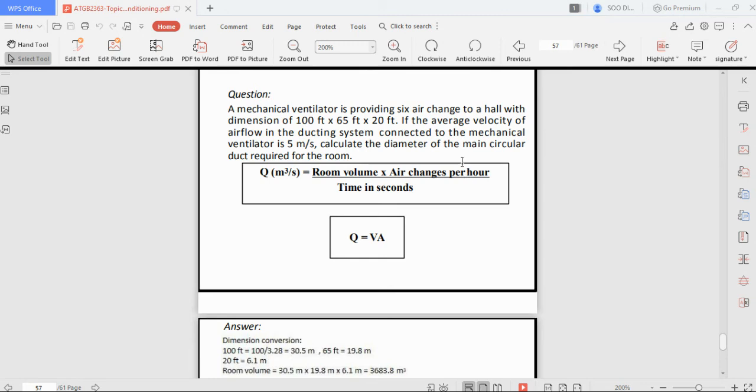So this area is the main circular duct. And then this V is the mechanical ventilator, which is 5 meter per second.